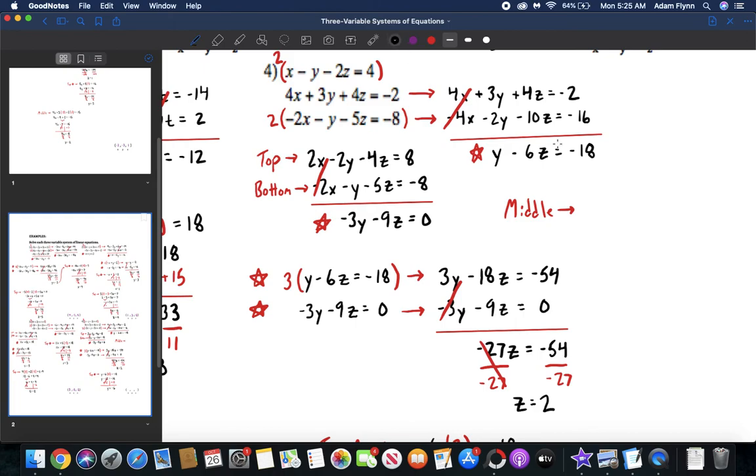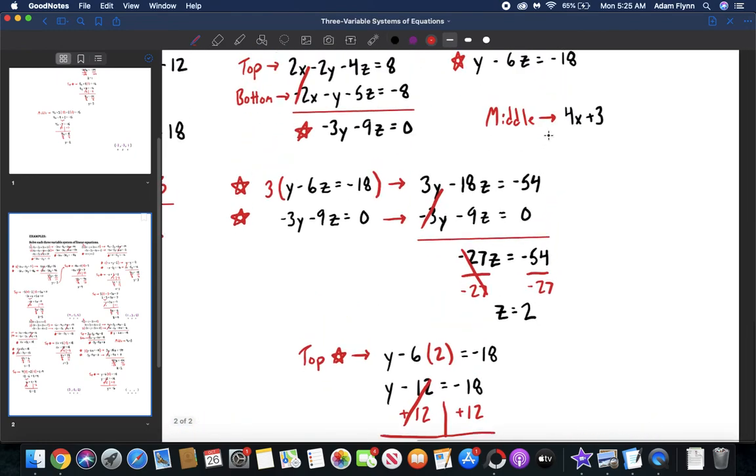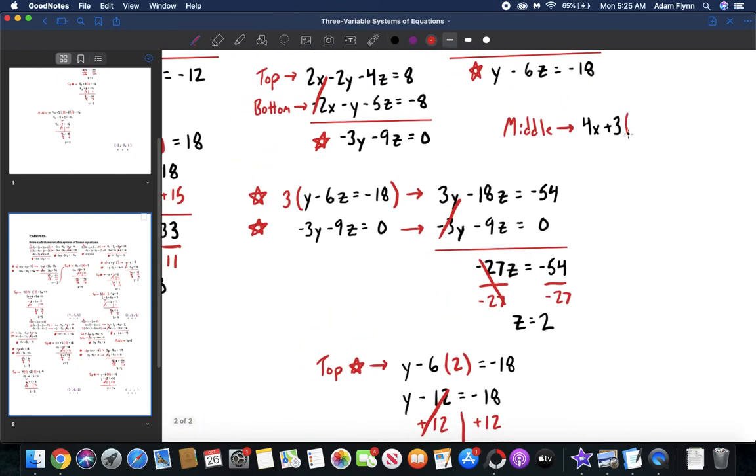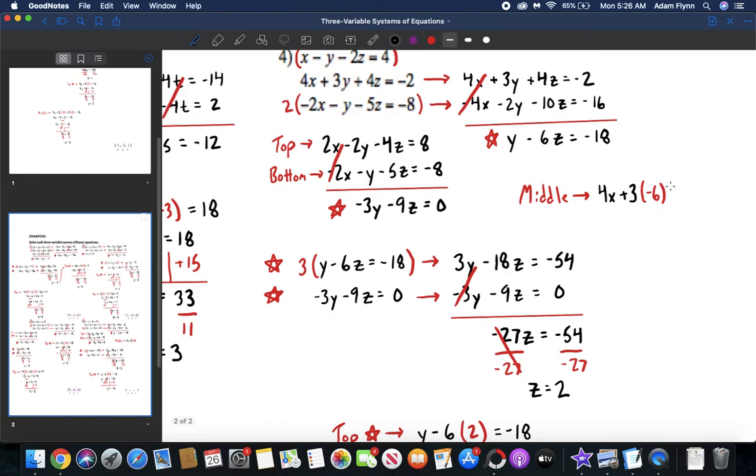So if I do my middle equation, I've got 4x plus 3, instead of y, I am plugging in negative 6, plus 4, instead of z, I am plugging in 2, equals negative 2.